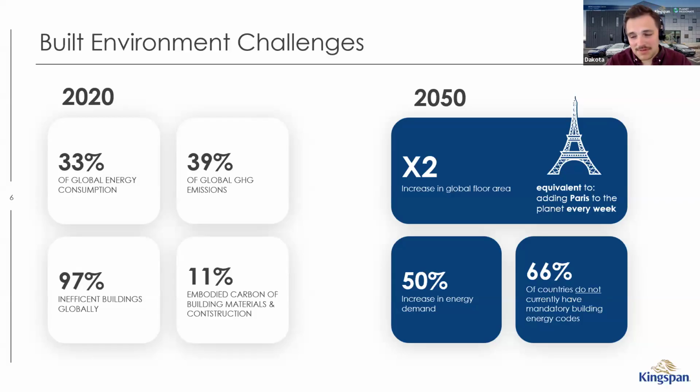And this number is a little bit debated, primarily because the IBC updates every 3 years, and to my knowledge, it's never gotten any more lenient as far as energy performance is concerned. And so whether it is actually 97%, we don't know, as soon as that 3 years passes and we've met our legal minimum required for energy efficiency, the next year it updates, and all of a sudden it's out of spec.